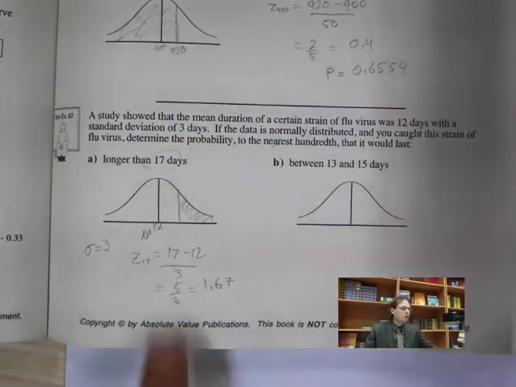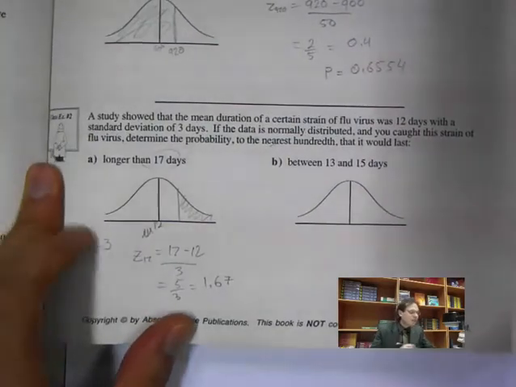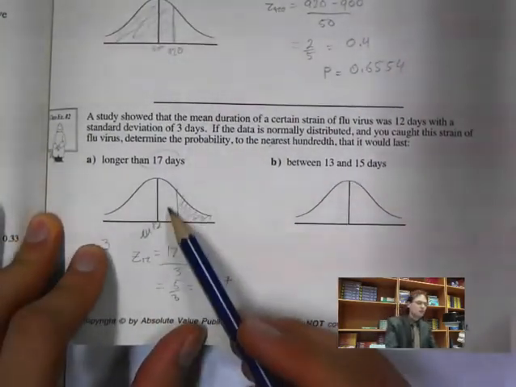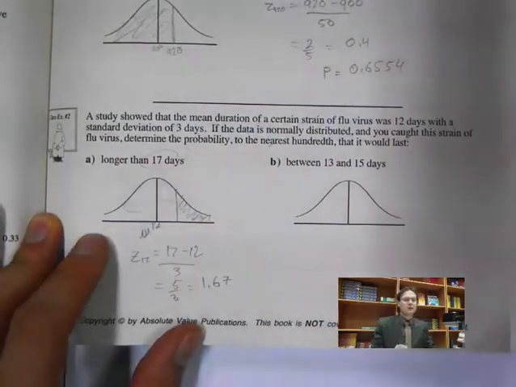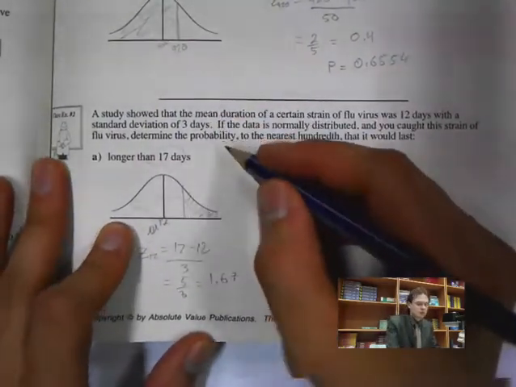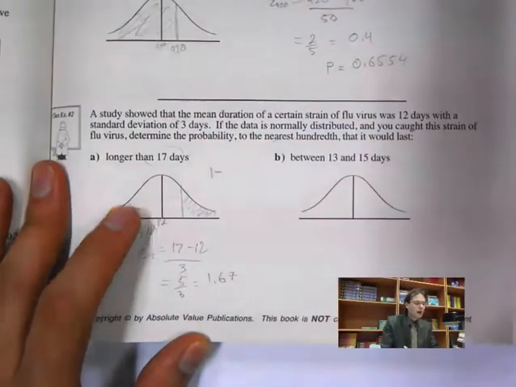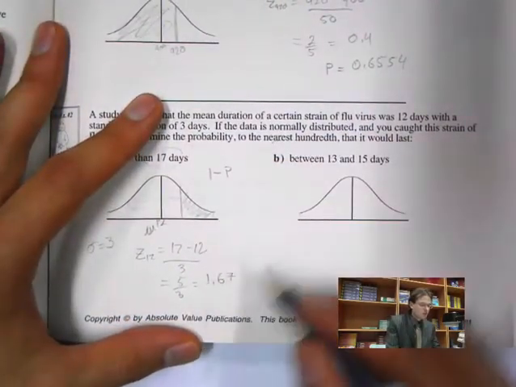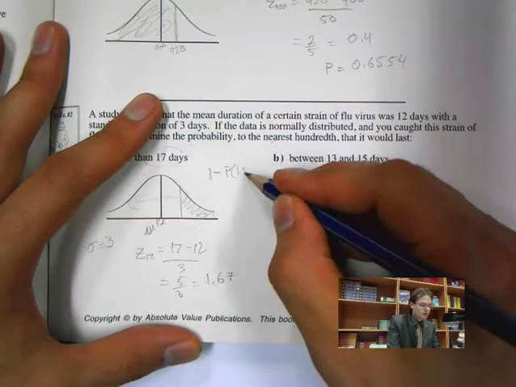Now, we want to know the probability of everything on this side. If we look at our z-score table, it's going to show us the probability of everything less than. We want everything greater than. So to do that, I'm going to go 1 subtract the probability of 1.67.